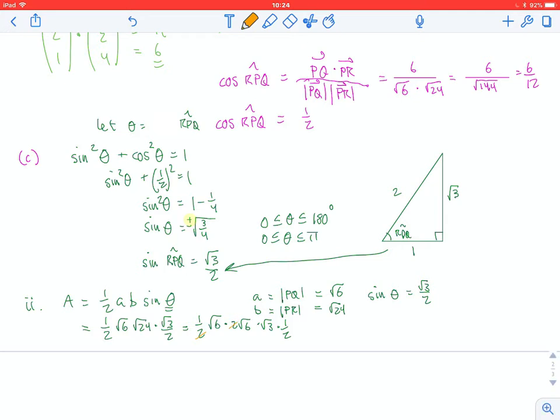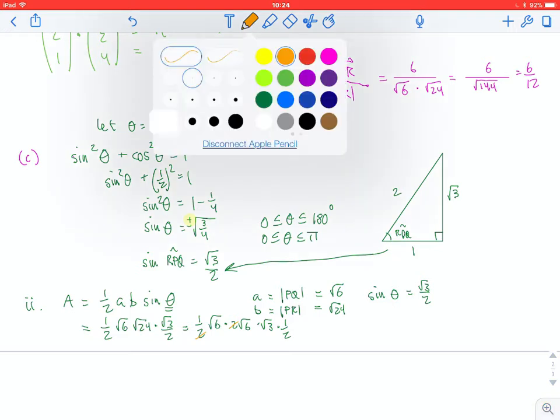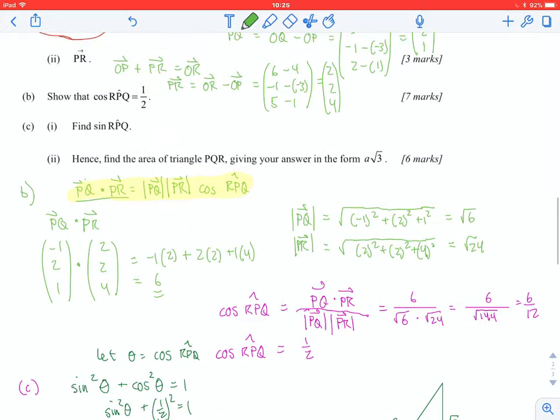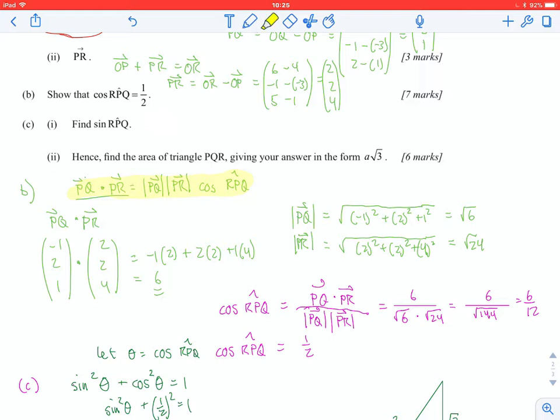We have 6 times 6, giving us the square root of 36, which is 6, and then 6 times 1/2 is 3, so this all simplifies to 3 square root of 3, and sure enough, that is in the form of what the question asks us to do, specifically give it in the form of a square root of 3.